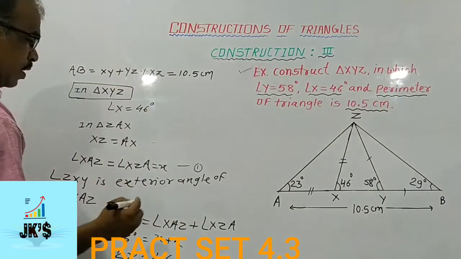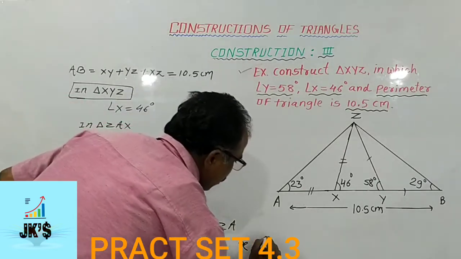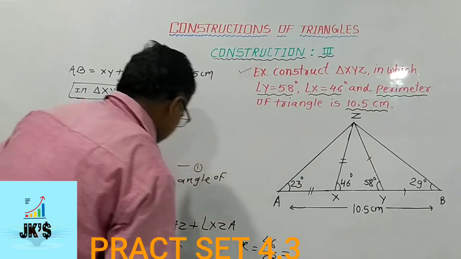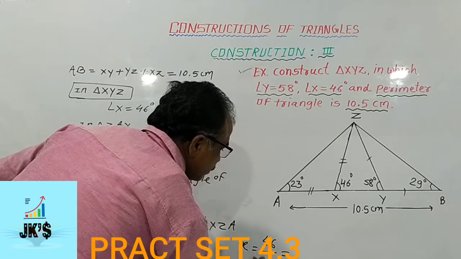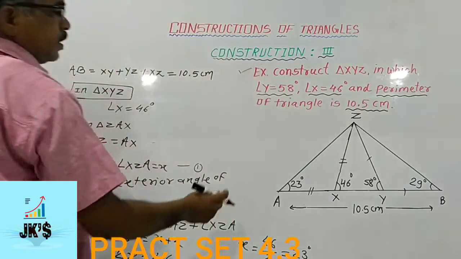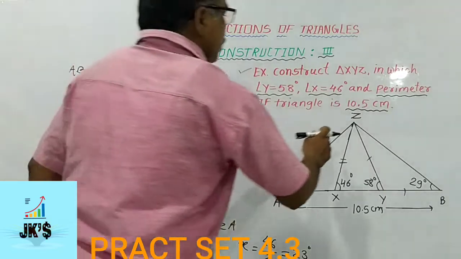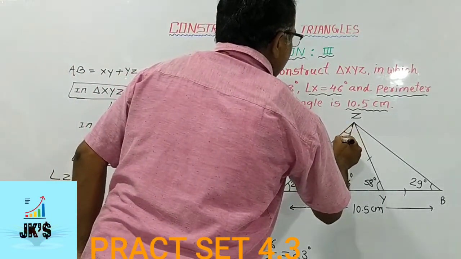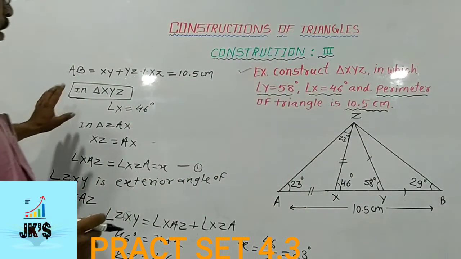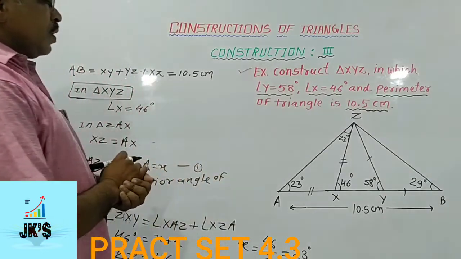Therefore, x equals 46 upon 2, which is 23. Means this one angle is 23 and this one is also 23. Here we used the remote interior angle theorem.